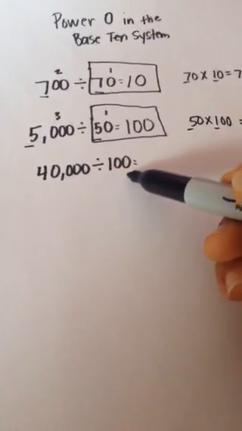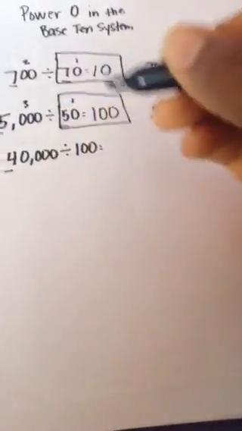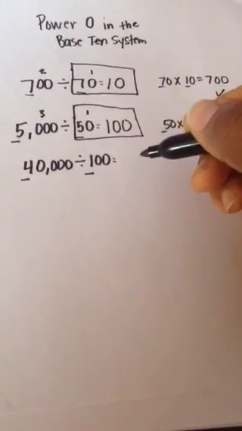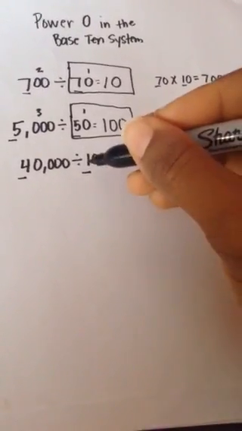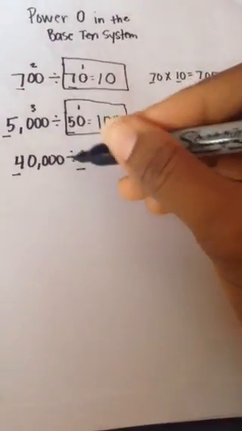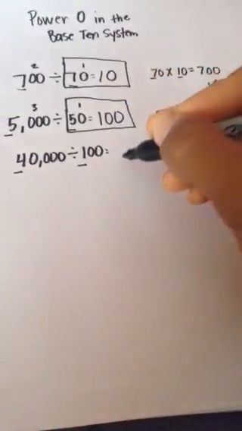40,000 divided by 100. Again, we can think of this as 4 divided by 1. What's 4 divided by 1? Well, it's not 1 this time, because you're not dividing it by 4, you're dividing it by 1. So anytime you divide a number by 1, you get that same number. So 4 divided by 1 is 4.